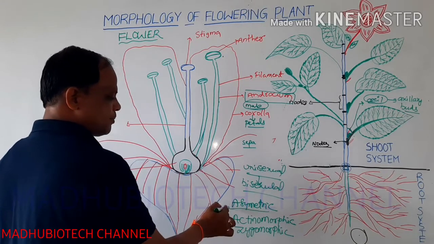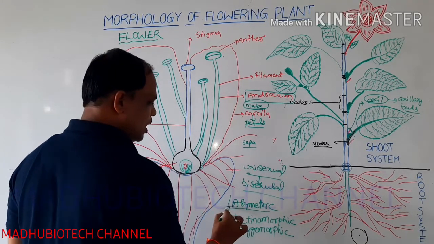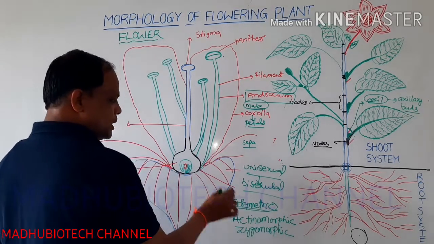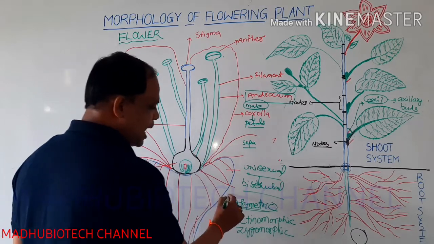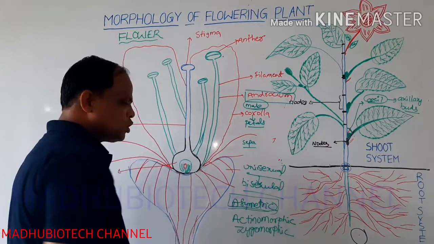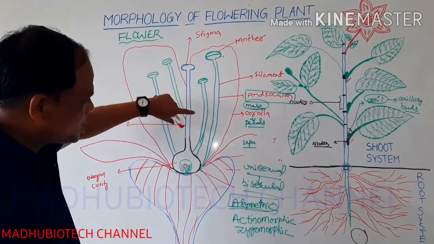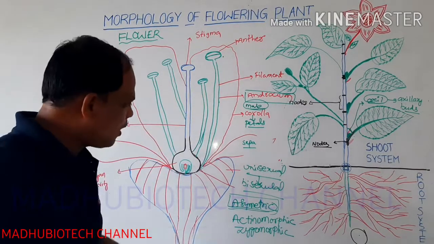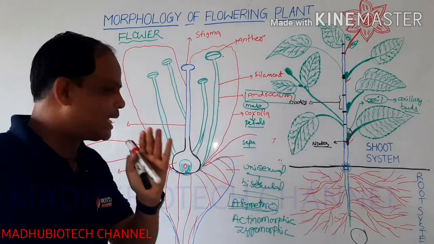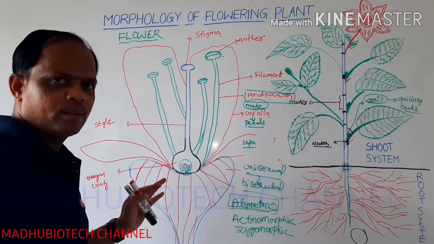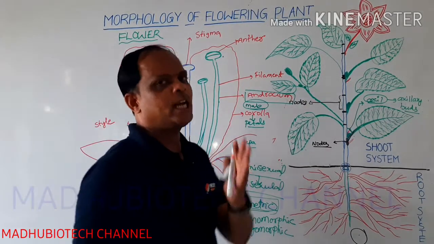Asymmetric means there is no dividing of the flower, that is asymmetric. Actinomorphic means when we cut the flower into two equal halves in a radial axis, in any vertical plane. Okay, we cut the flower in any vertical plane.